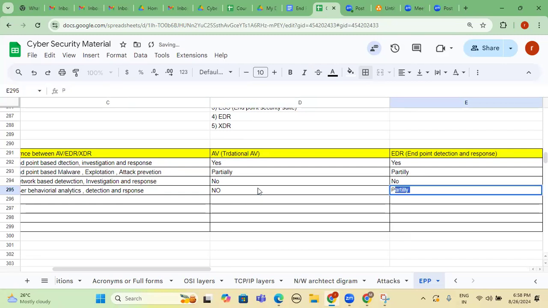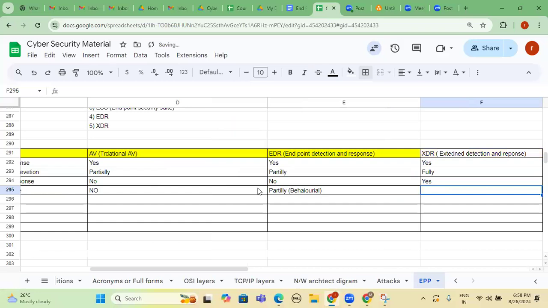And EDR only partially, that too based on the behavior only, not based on the data analytics concept. Data analytics here means mathematical calculation and a statistical approach. Orchestration and automated response, planning of the malware execution, and also taking care of the AIR, automated incident response, it will do partially only. But on the other hand, XDR will do it, yes.